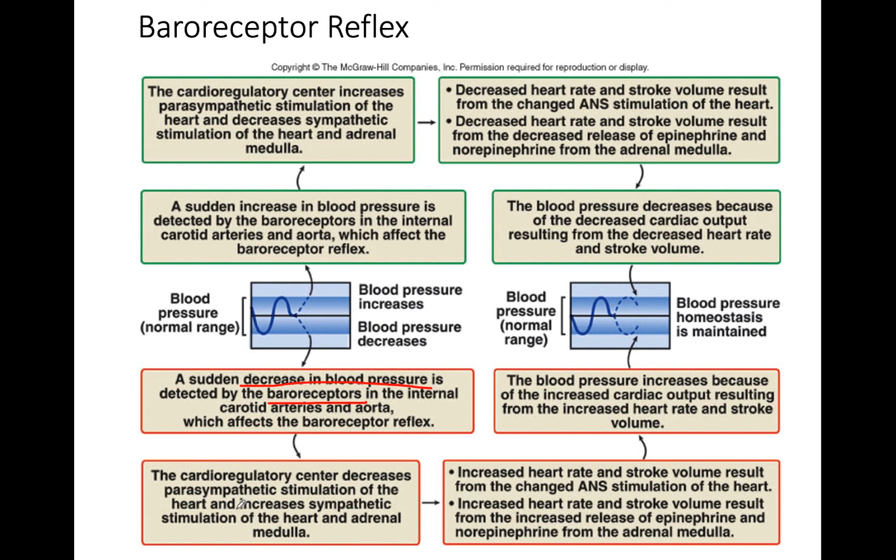Well, I can increase my sympathetic nervous response. I can also stimulate the adrenal gland to make epinephrine and norepinephrine. When you increase the sympathetic response and you make those stress hormones, it's going to ultimately cause the heart rate and stroke volume to increase. When heart rate and stroke volume increase, that causes your blood pressure to also increase.